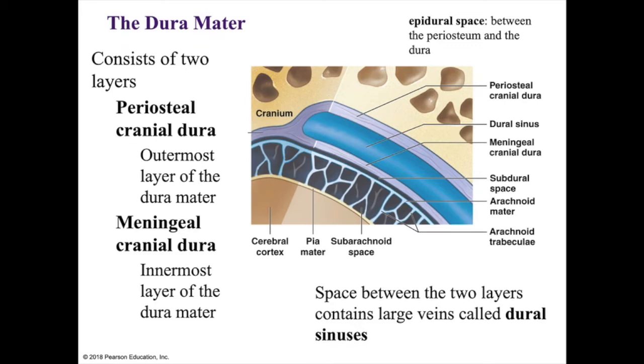One is called the periosteal cranial dura, the one that is closer to the bone, and the meningeal cranial dura. These areas form a space where the venous sinuses will be, and so those are the dural sinuses. So you see areas in which the two layers of dura are merged, and areas in which the two layers are split that form the dural sinuses.